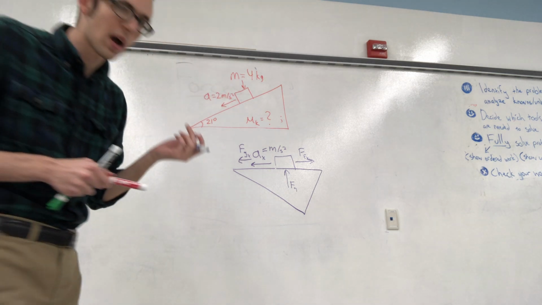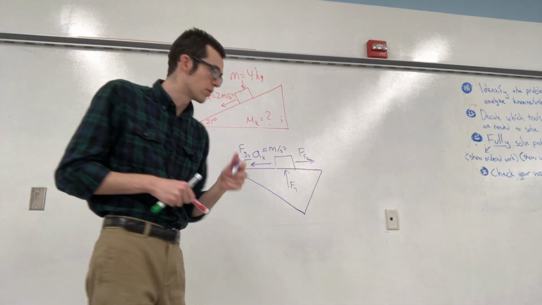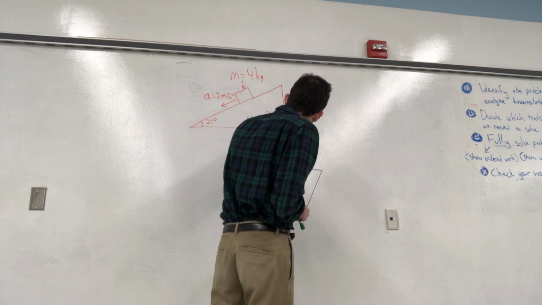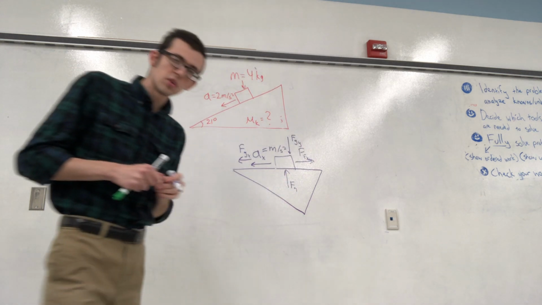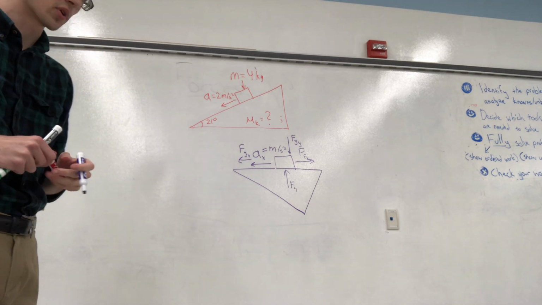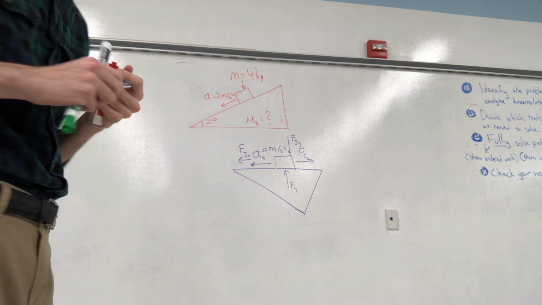Now what about Fgy? Fgy is the component of gravity that's pushing our block into the ramp. So Fgy is pushing down against the normal force, and when we draw a free body diagram, we're going to find out that those two are just balancing each other out.